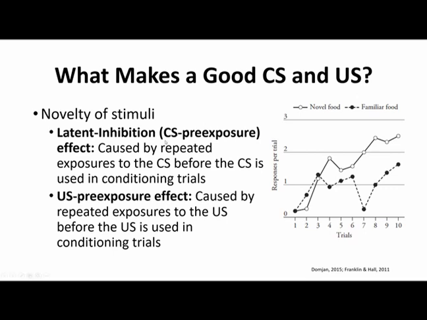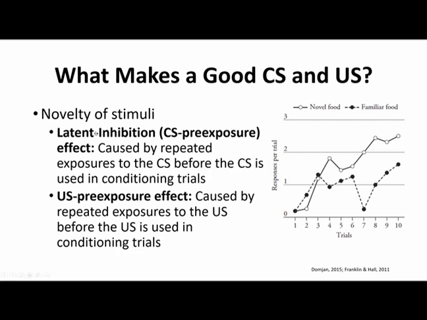So let's talk about our conditioned stimulus first. This is called latent inhibition or conditioned stimulus pre-exposure, where you basically have repeated exposure to the conditioned stimulus before that conditioned stimulus is ever used in conditioning trials.